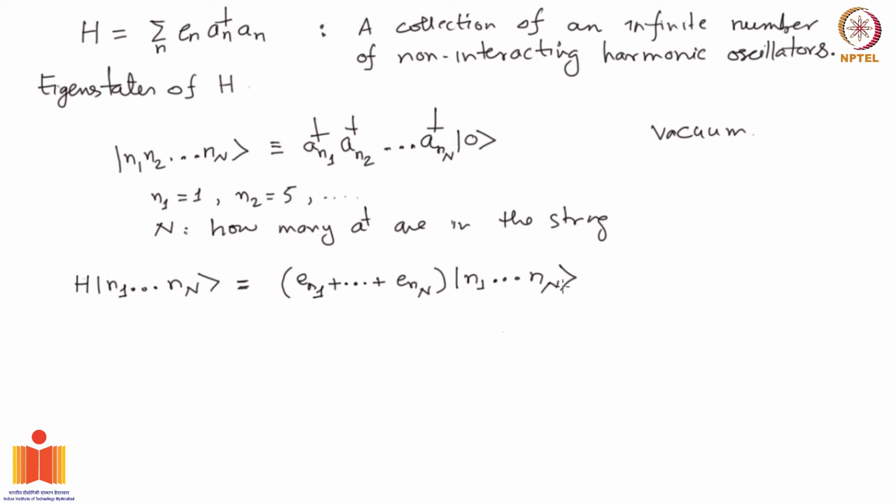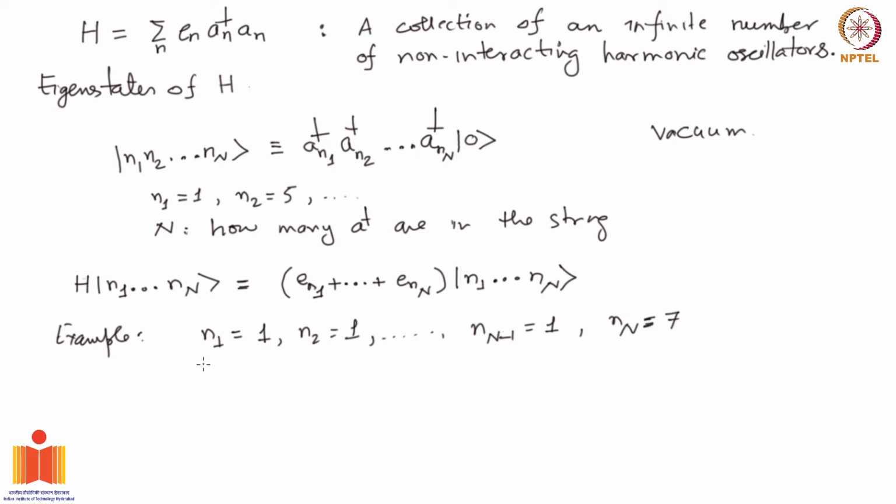A specific example of such a state could be that you take n1 to be 1, n2 to be 1, and capital N minus 1 to also be 1, and let's say this last one corresponds to oscillator number 7.